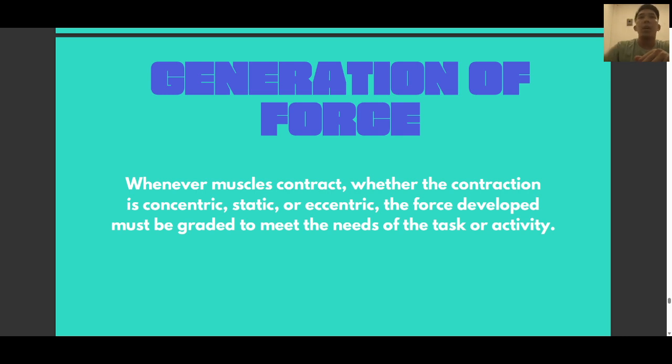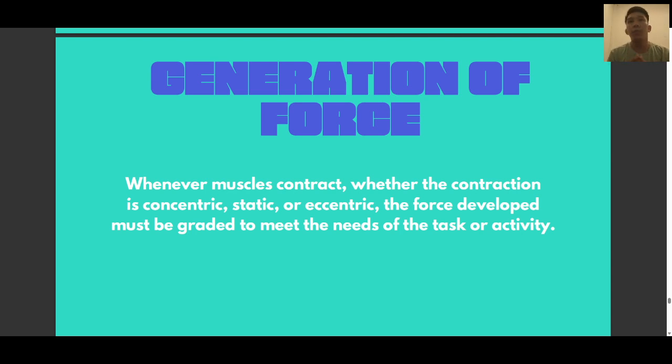The force needed to hit the golf ball, if you want the ball to go far, how many yards or meters the ball travels from the tee. So the amount of muscle force that you need to develop is dependent on the number and type of motor units that are activated. We also have the frequency of stimulation of each motor unit.